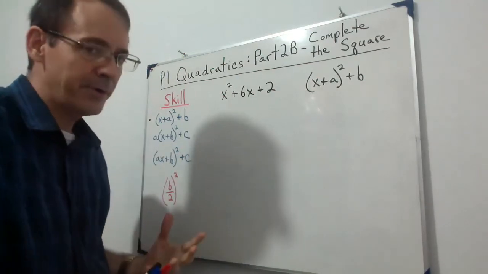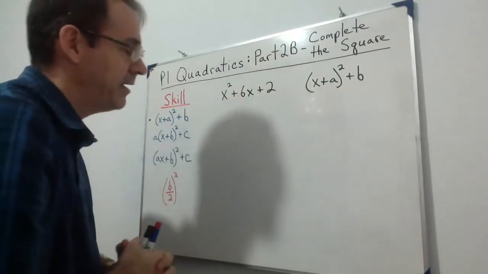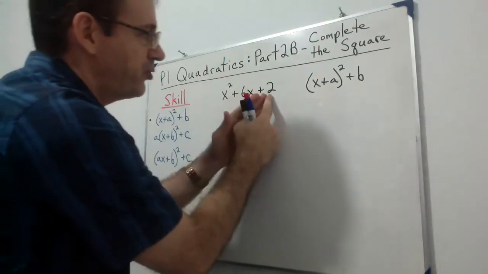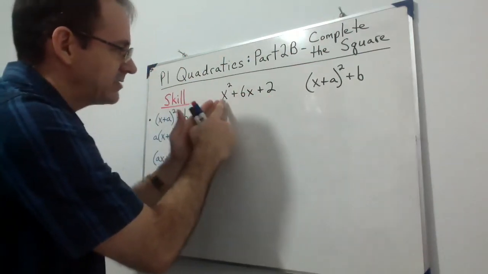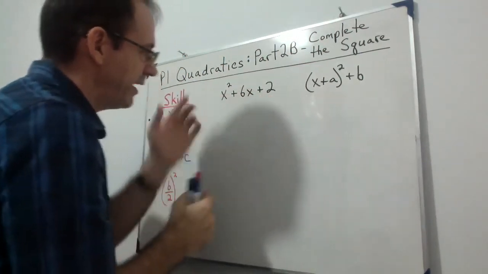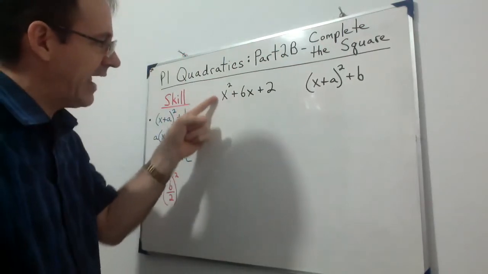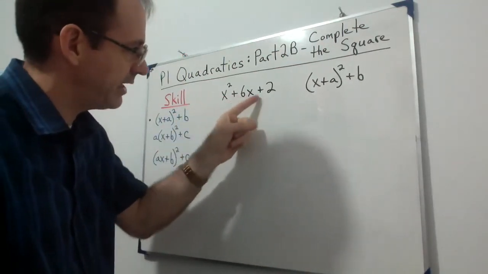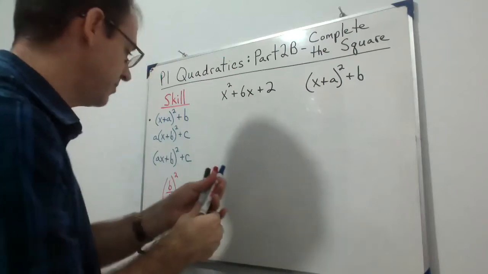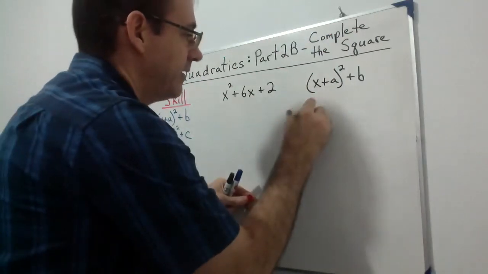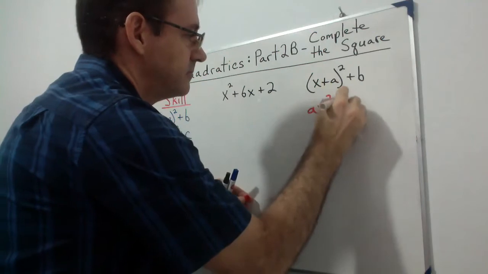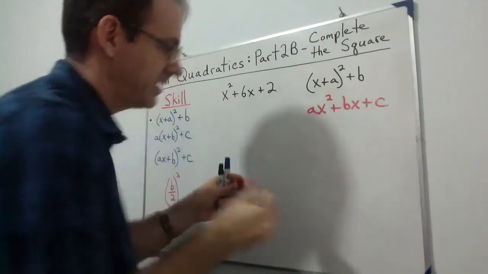Now, if you remember our discussion in 2a, this number 2 in our ax squared plus bx plus c, maybe I should first point out that our general form is like this.